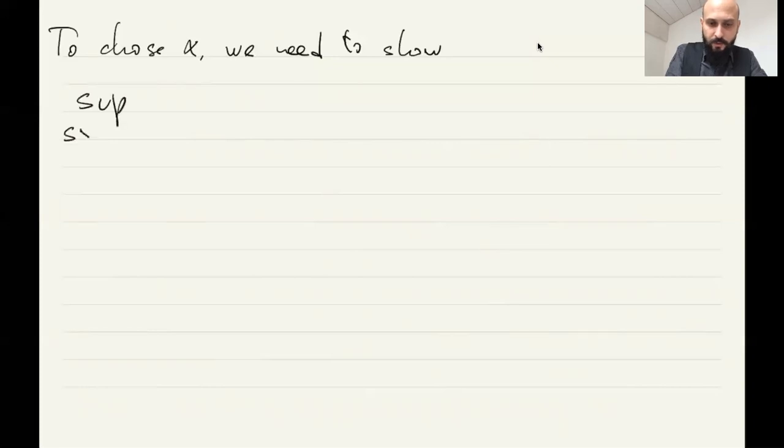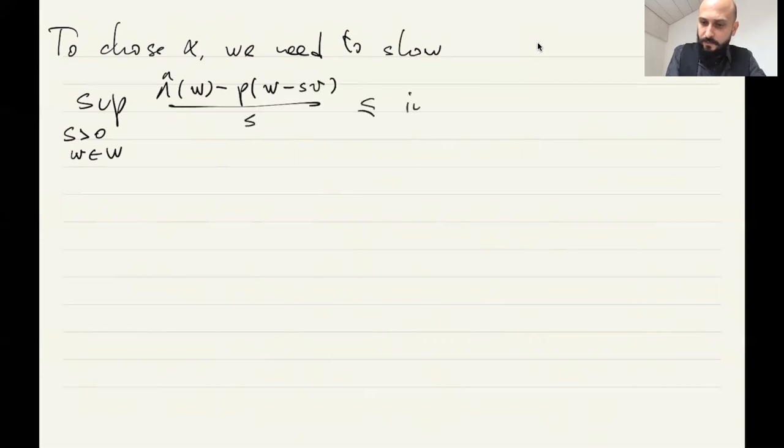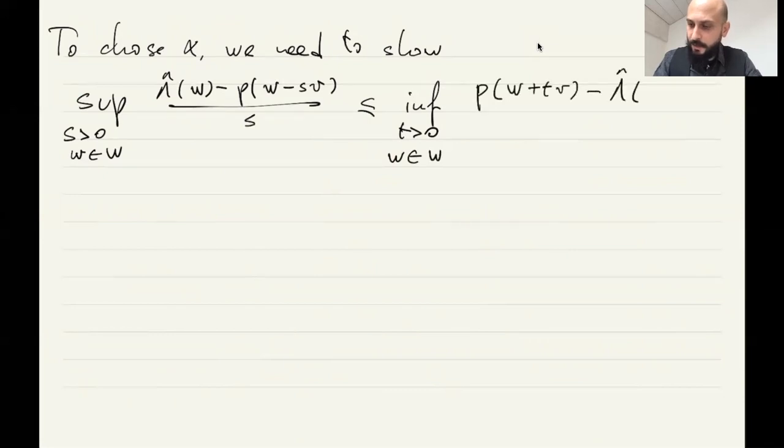So to be able to choose alpha, we need to show that the sup over all s positive and w in W of (alpha hat w minus p of w minus sv) divided by s is less or equal to the infimum over t positive and w in W of (p of w plus tv minus lambda hat of w) divided by t.